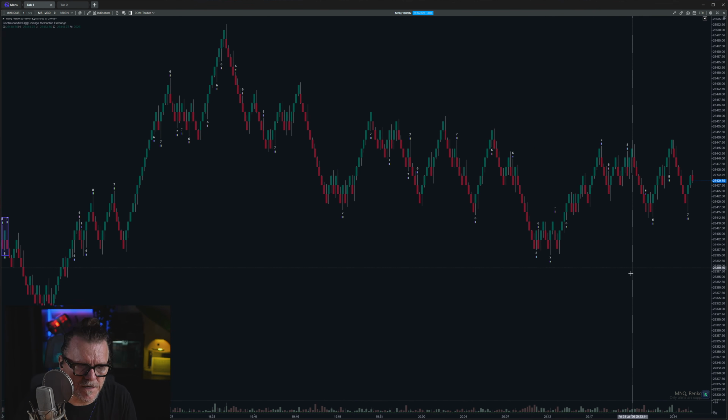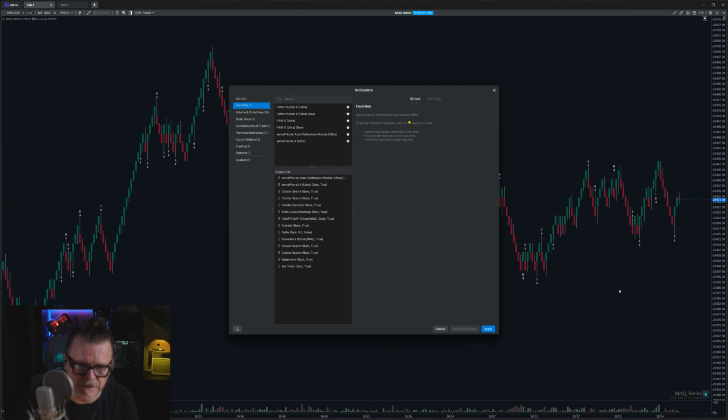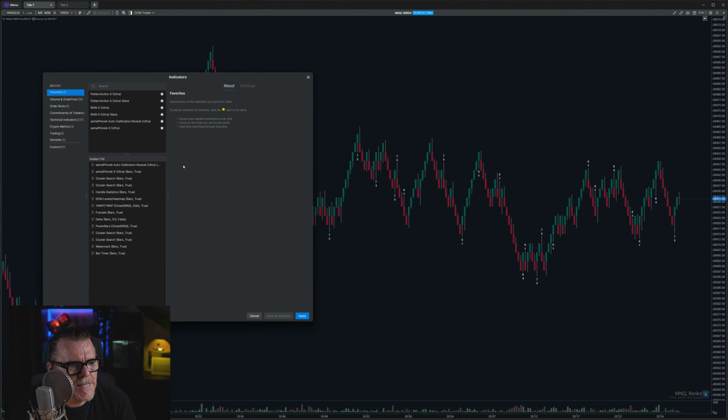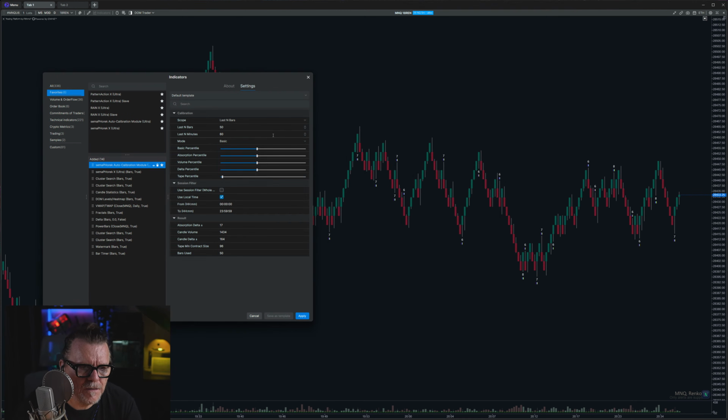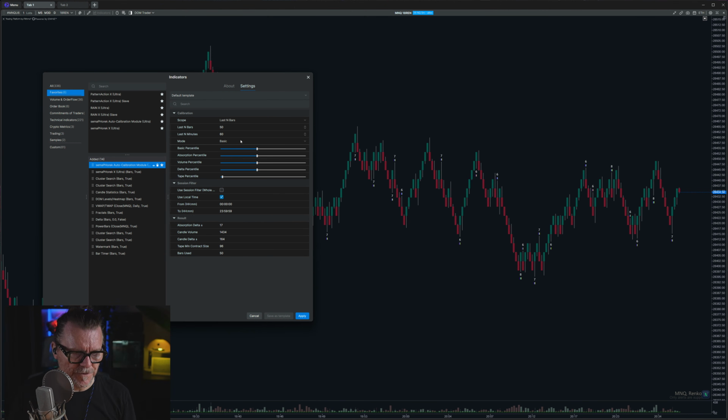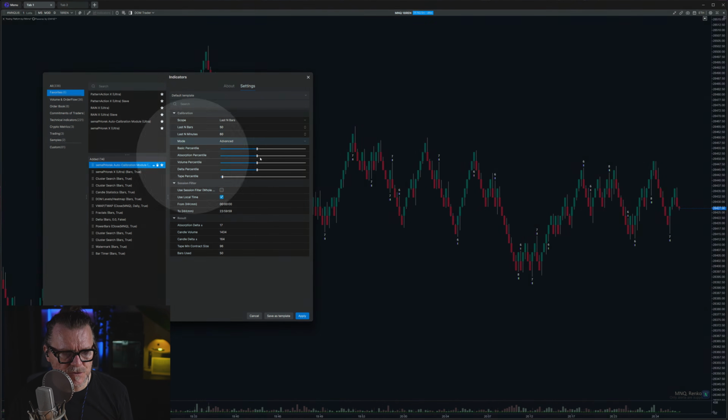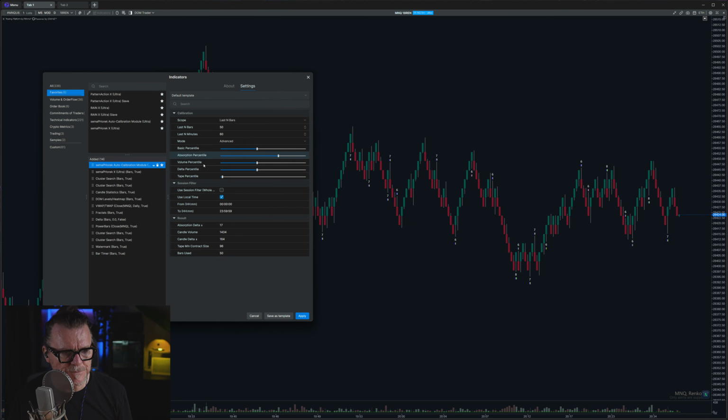I think there are too many entries on the chart, so I go back to the settings, and now I can pay attention to the importance of the levels. So I switch from basics to advanced, and I pay higher importance to absorptions. I want to be more strict with the absorptions. Volume is also important to me.